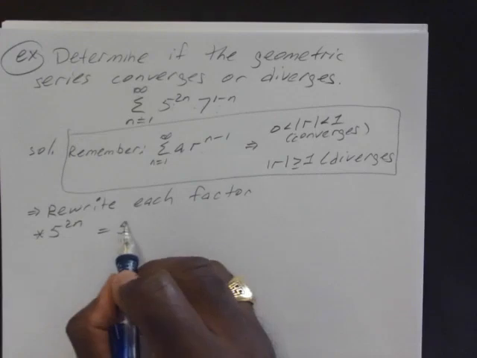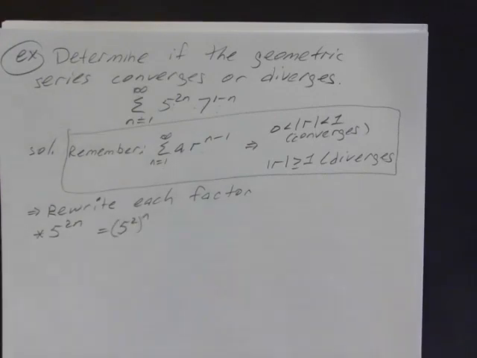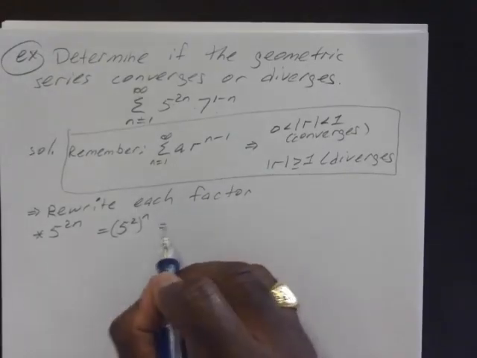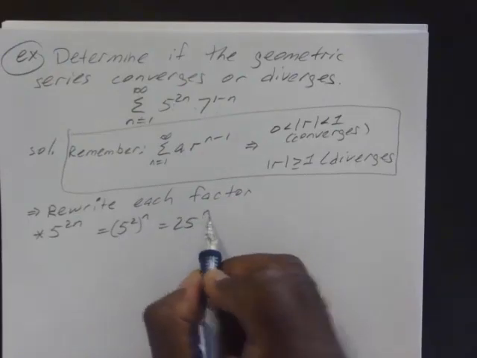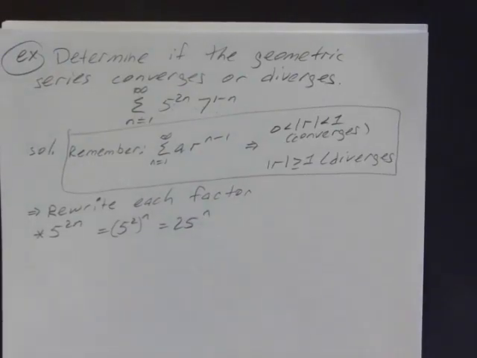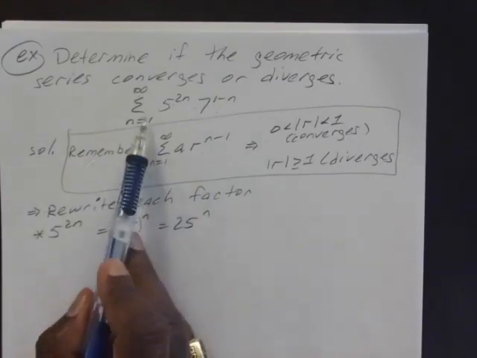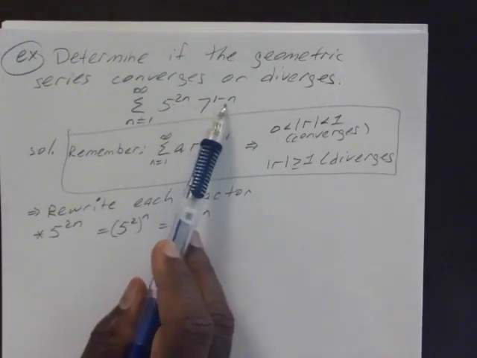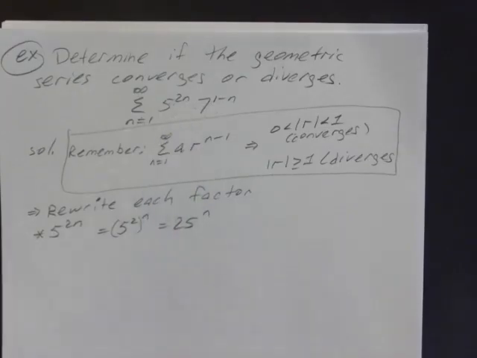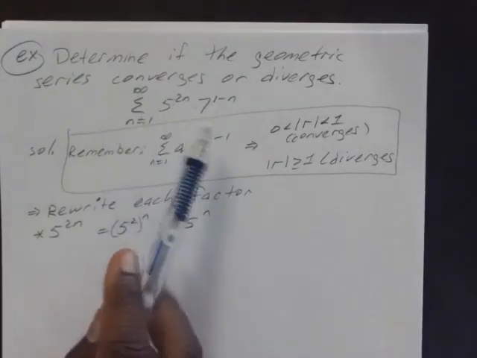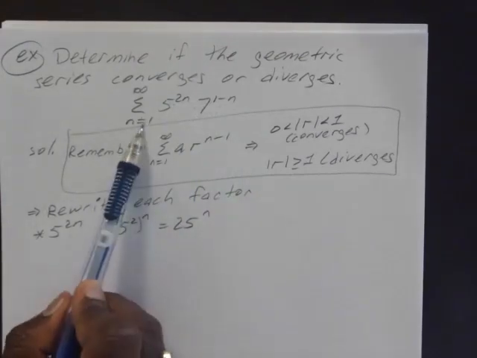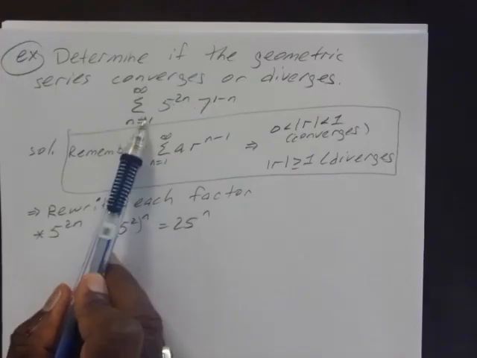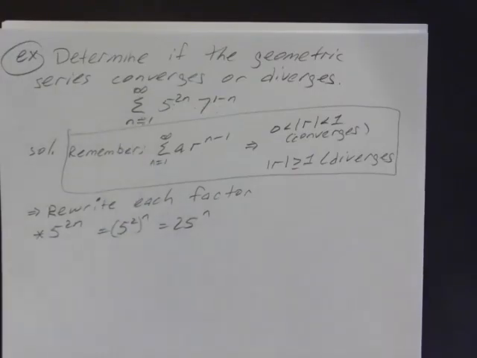We can rewrite that as 5 squared to the power of n, which gives us 25 to the power of n. Which would be perfect, but we have to start at n is equal to 1, which means this is going to be n minus 1. We have to turn these to n minus 1, since we have a 1 here. If it was just to the power of n, that would be no problem because that n would equal 0. But because n is equal to 1, it has to be in the n minus 1 exponent.